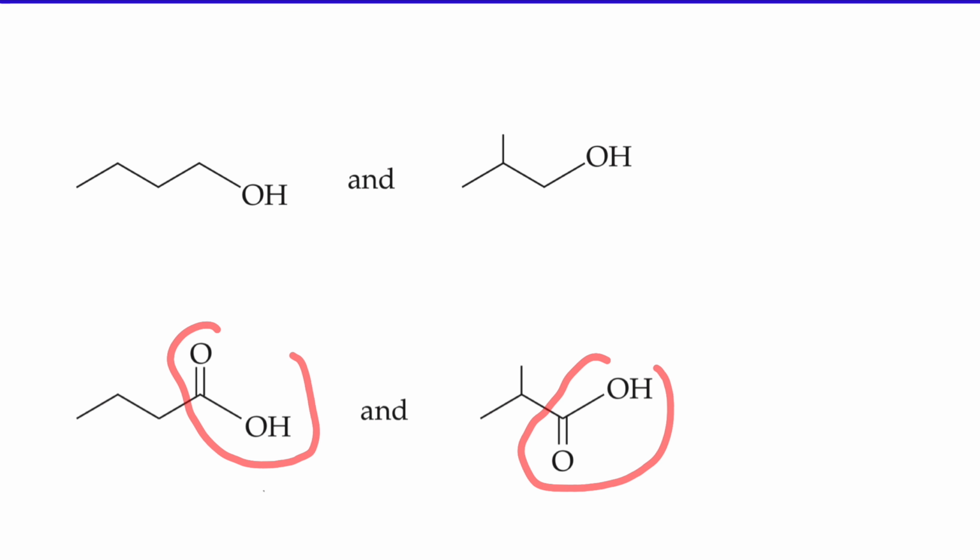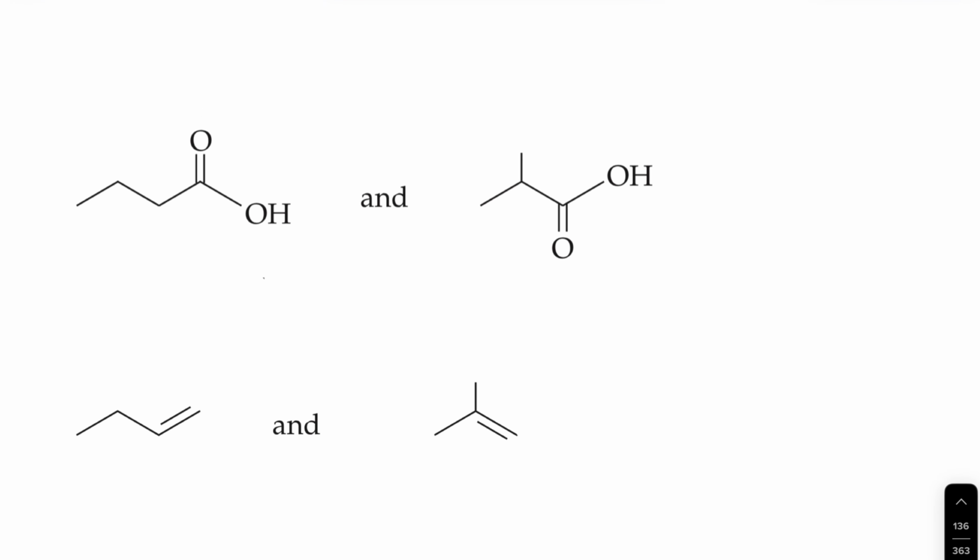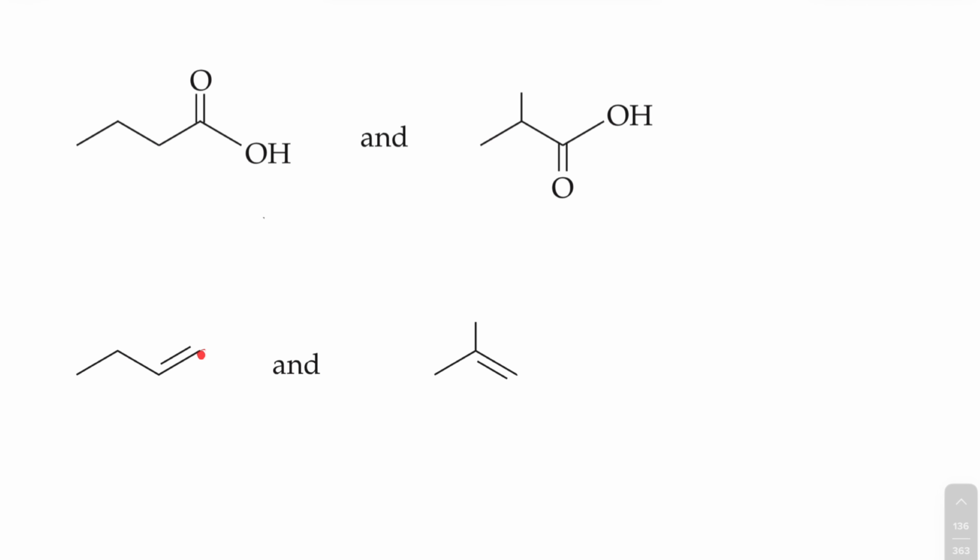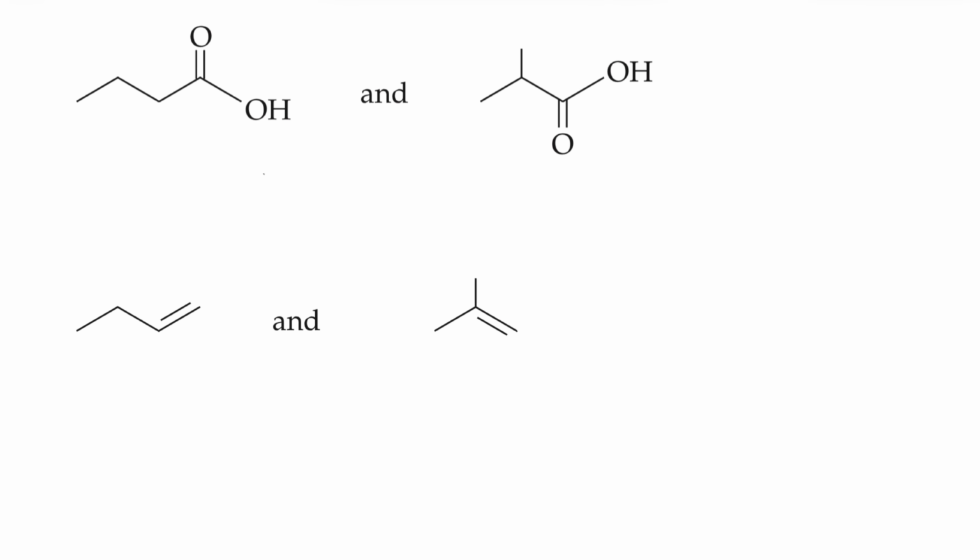This is also carboxylic acid, but the first one is having 4 carbons in the principal carbon chain, but this is only 3 carbon chain. One carbon is present as a substituent. And even if you take the first one, it is having 4 carbons in the principal carbon chain, but here it is having only 3 carbons. So this is about the definition of chain isomerism.